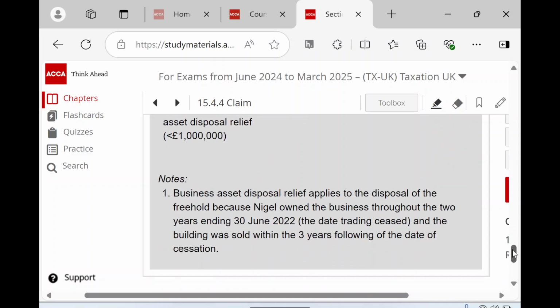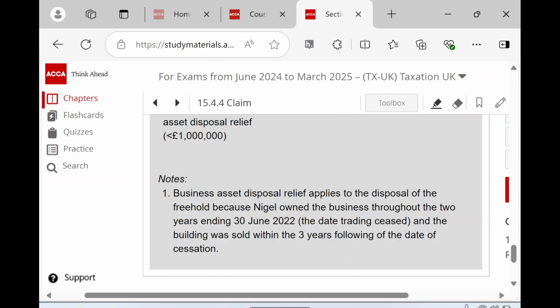So what about the conditions, etc.? Okay, well, bottom line is that it's a freehold property, yeah, and note this was a ceasing business. He had owned the asset, this qualifying asset, for the 2 years ending on the date of sale or date of cessation, in effect. And indeed, the building was actually sold within 3 years following the date of cessation.